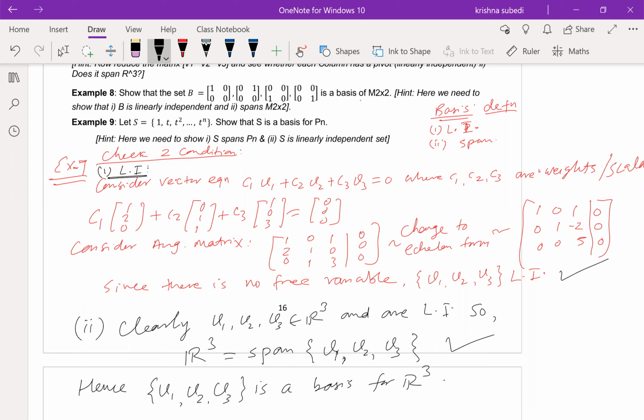Can we try maybe example 8 or 9? We'll do one together and you'll do the other one. Which one do you want to try? Let's take turns.